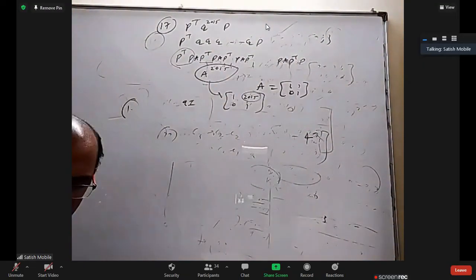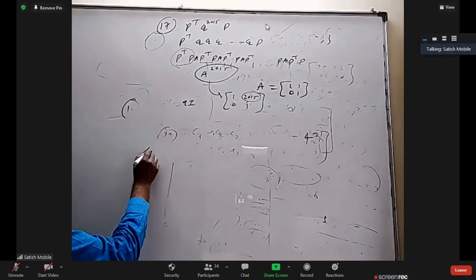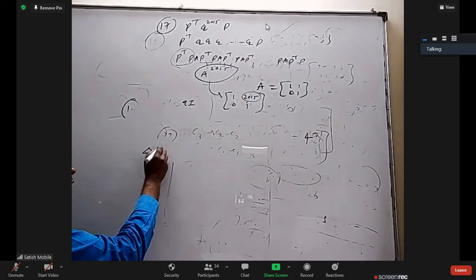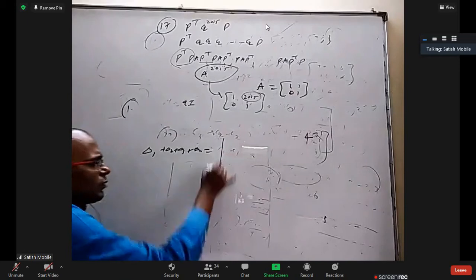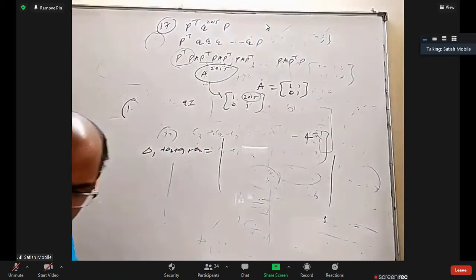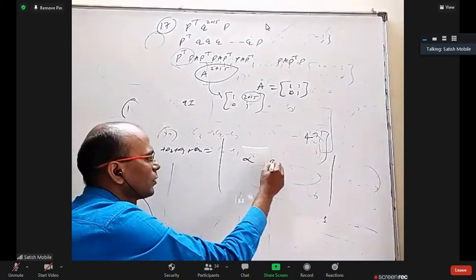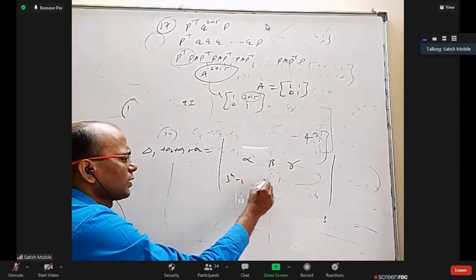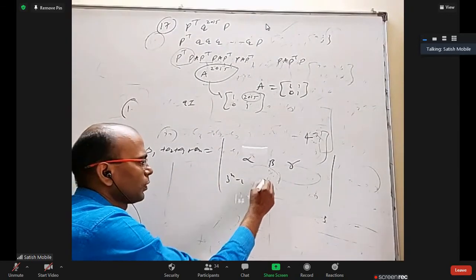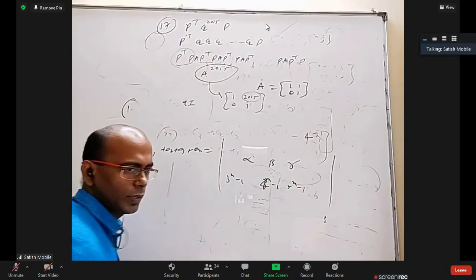So in 39 and even 40, both are the same. If I take delta 1 plus delta 2 plus delta 3 and so on up to delta n, for all of them the second row is the same, alpha, beta, gamma. For all of them the third row is the same, 3 power n minus 1, 4 power n minus 1, 5 power n minus 1.